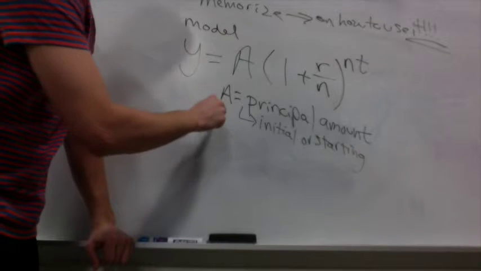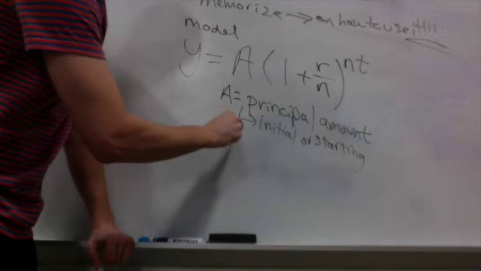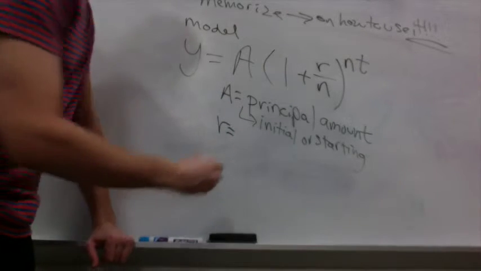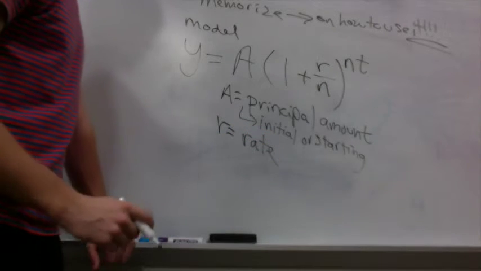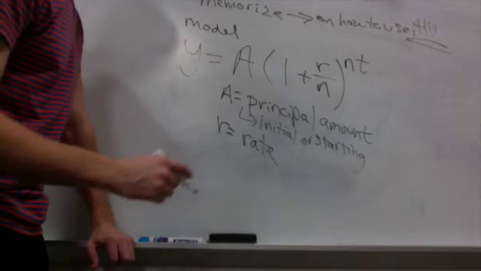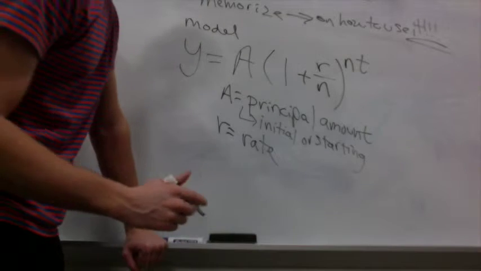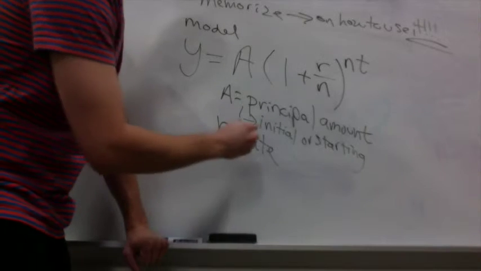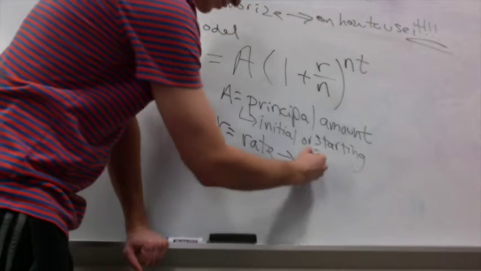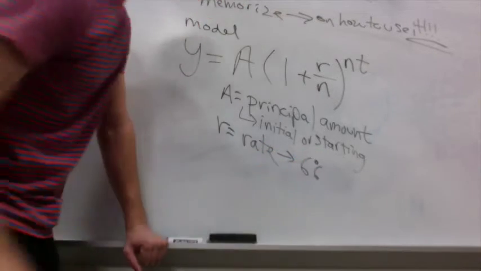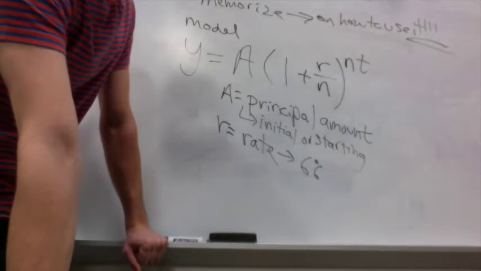Other variables we need to know are, R is going to be our rate. Now here's the tricky thing with rates. Just want to say a word on them before maybe I try a problem out and show you. Rates are usually given to us as percentages, which means we have to do something tricky with that.